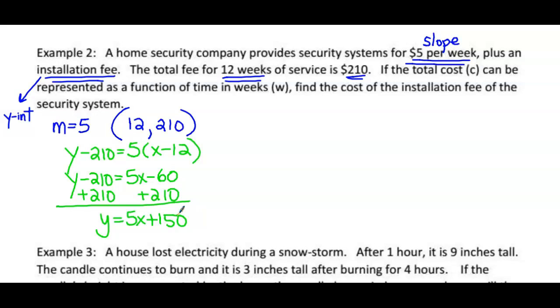If the total cost C can be represented as a function of time in weeks W, well, first off, you need to change your letters. So instead of y, we're going to put C equals 5W plus 150.